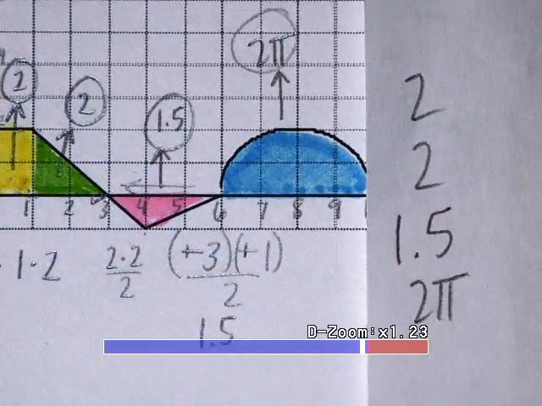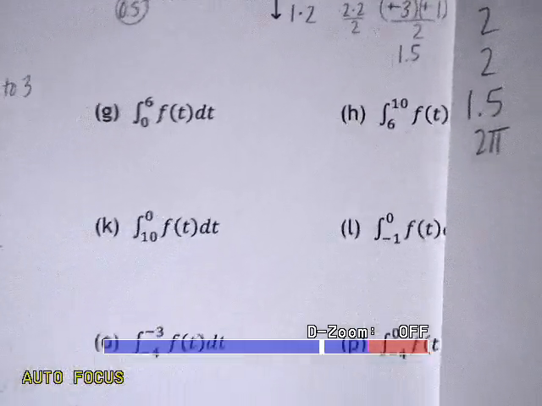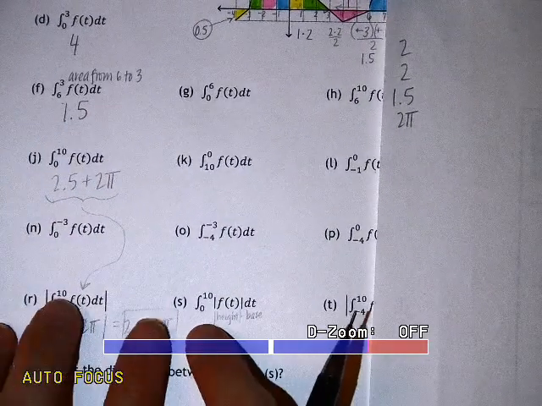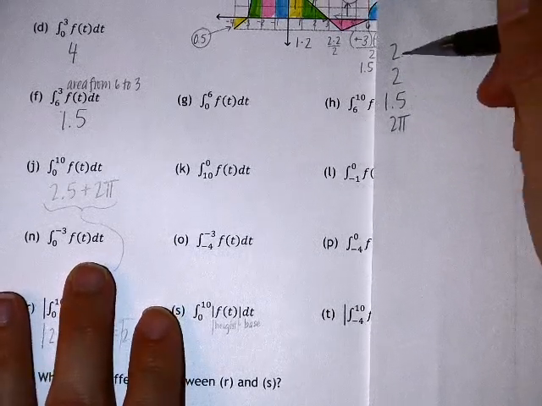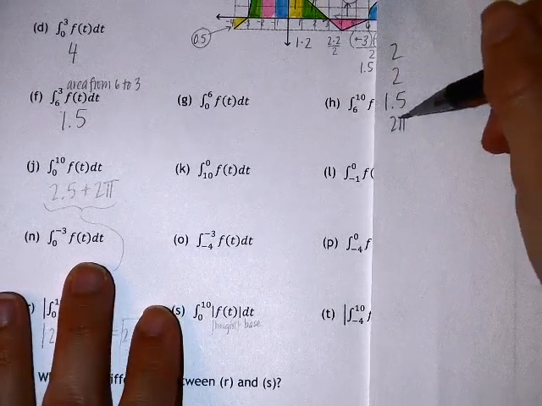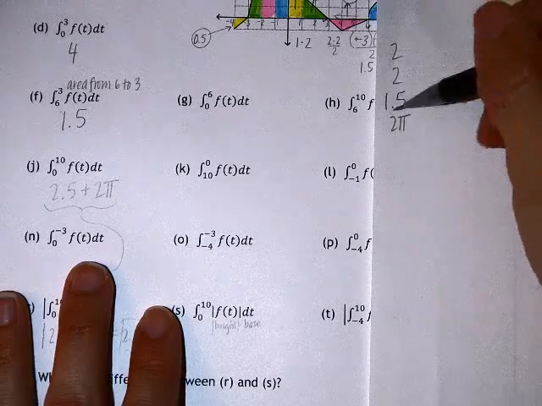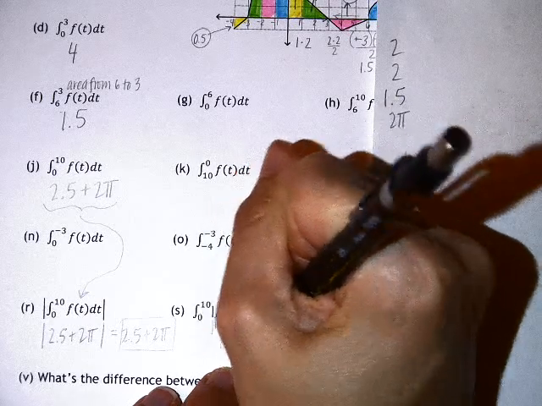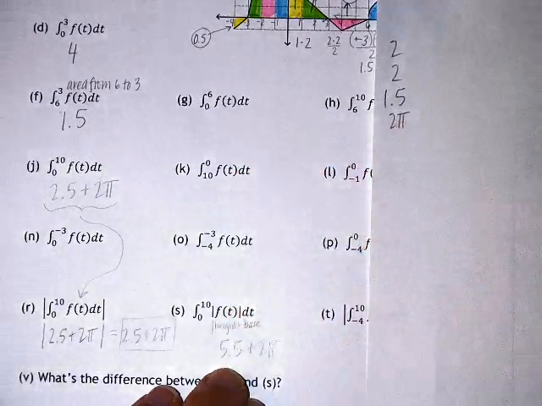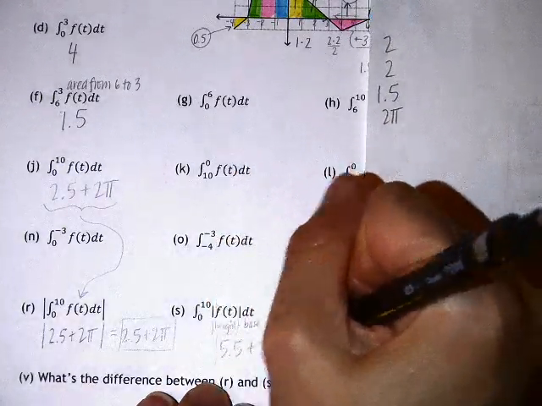So now if the integral in letter S means find the sum of all the individual areas we came up with, the sum of 2 plus 2 plus 1.5 plus 2 pi really can't be added super cleanly, so I'll do the best I can and just call it 5.5 plus 2 pi. I'm not actually going to bother trying to figure out what that is.